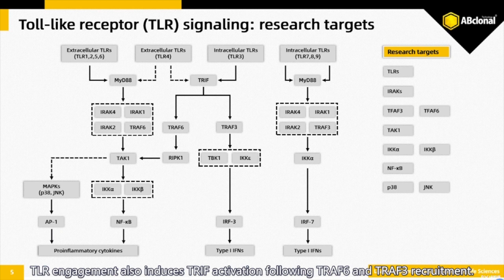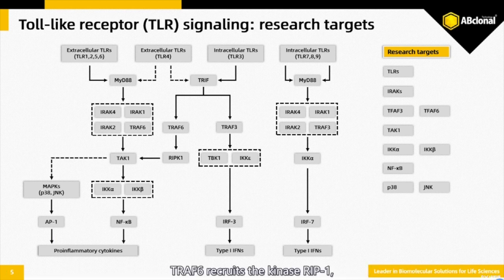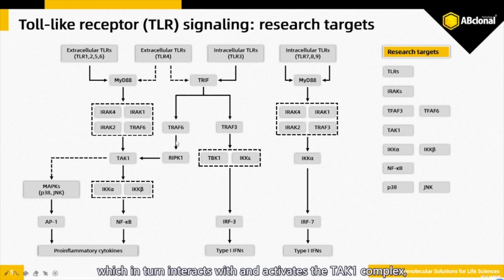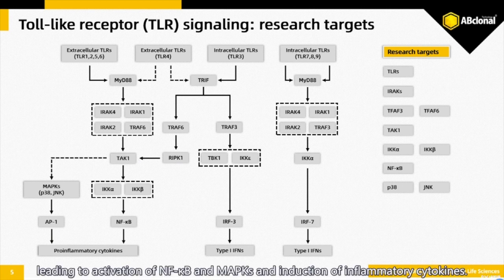TLR engagement also induces TRIF activation following TRAF6 and TRAF3 recruitment. TRAF6 recruits the kinase RIPK1, which in turn interacts with and activates the TAK1 complex, leading to activation of NF-κB and MAPKs and induction of inflammatory cytokines.